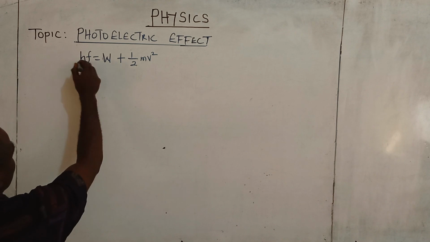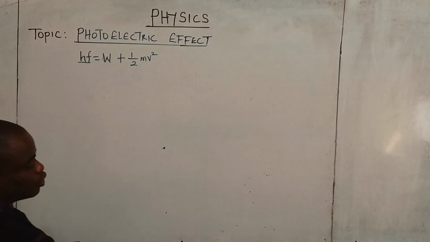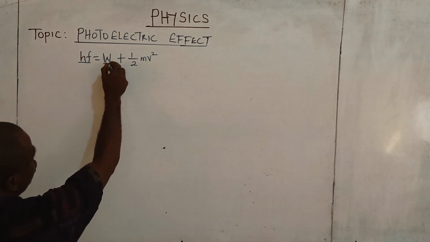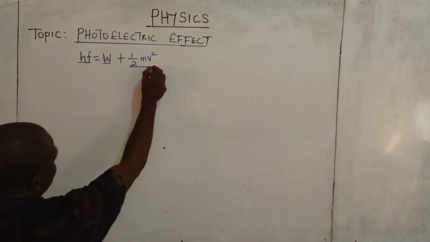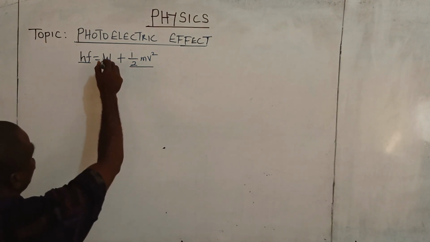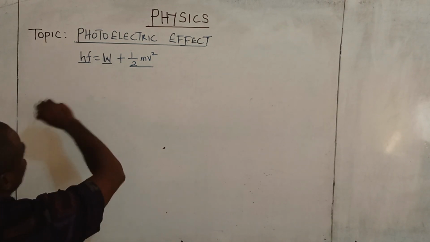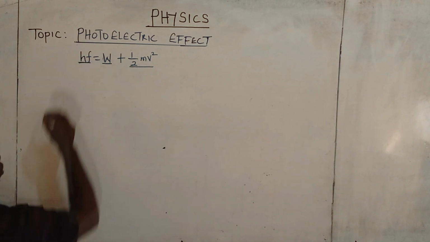This is the total energy content of the photon or quanta, while this is the work function, and this is the kinetic energy to liberate the electron. The work function frees the electron from the metal surface or from the atom, while hf is the total energy content.